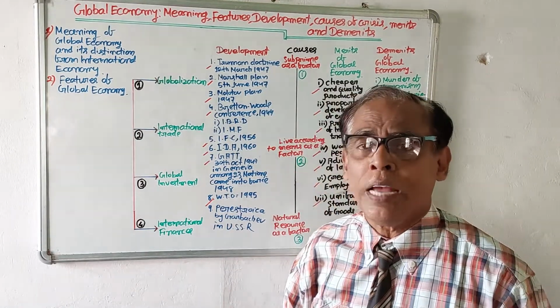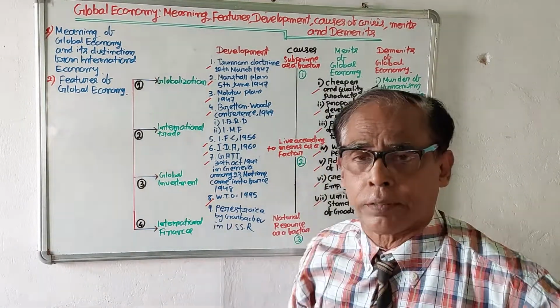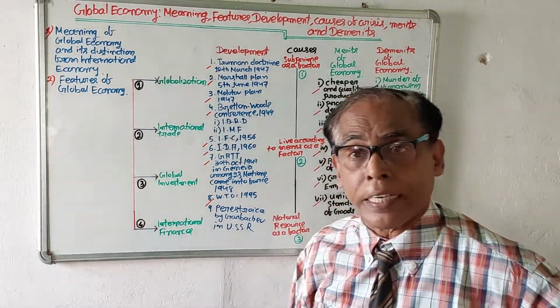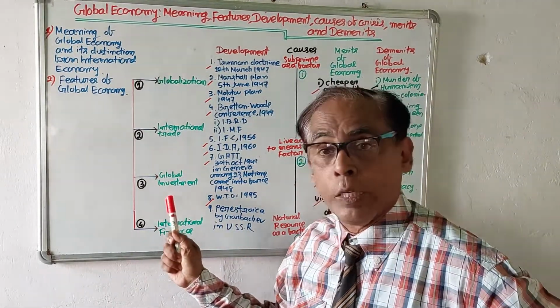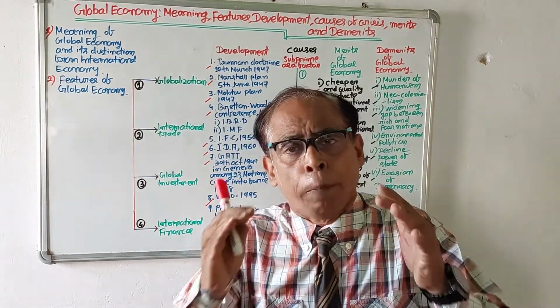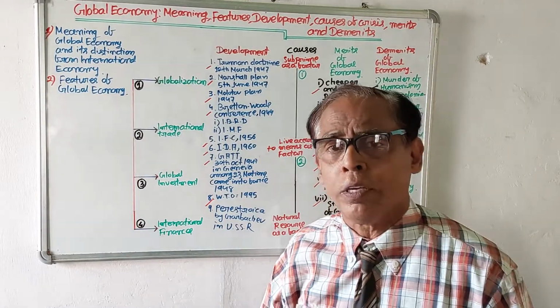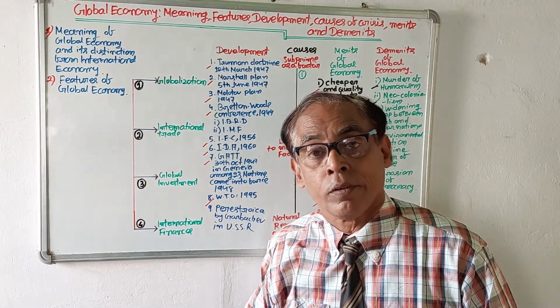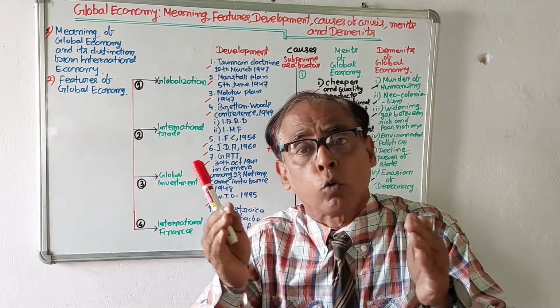And global economy has mainly 4 features, like globalization, number 2, international trade, number 3, global investment, and number 4, international finance. The first feature of global economy is globalization. Globalization is the main feature of global economy.